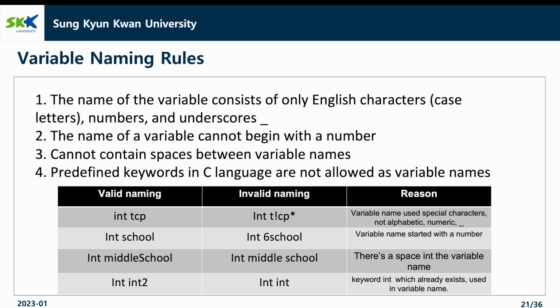Let's understand it more by example. The first example uses special characters, and the second example starts the variable name with a number. The third variable name contains spaces, and the last variable uses a predefined keyword as the variable name.